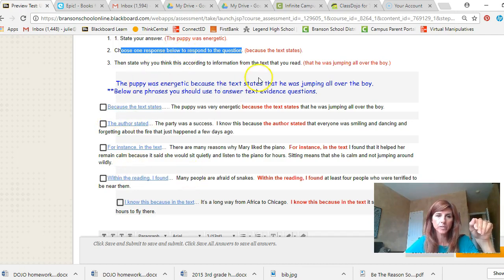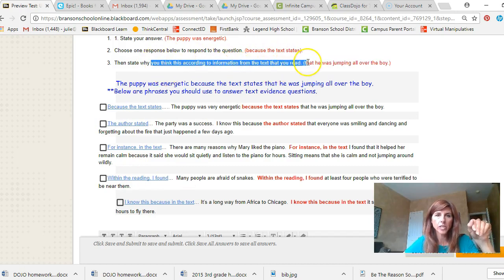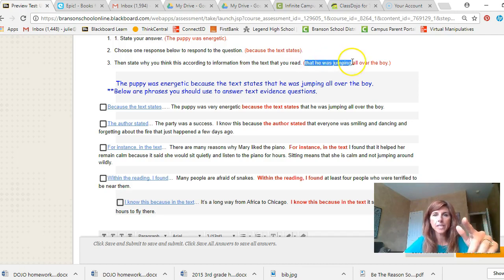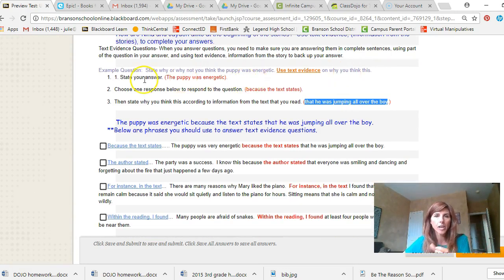I chose, because the text states. Then state why you think this, according to information from the text you read. This is just a made up question. Because the text states that he was jumping all over the boy. So from this made-up story, why or why not you think the puppy was energetic.